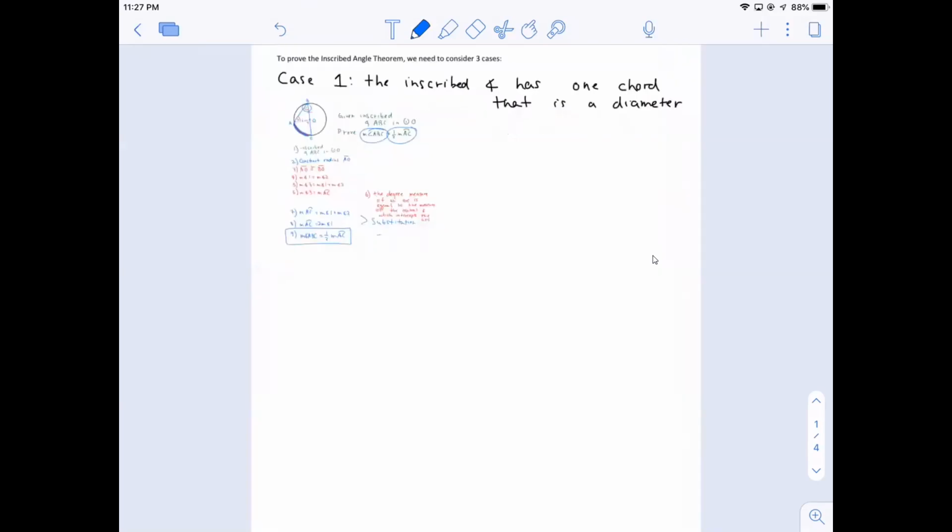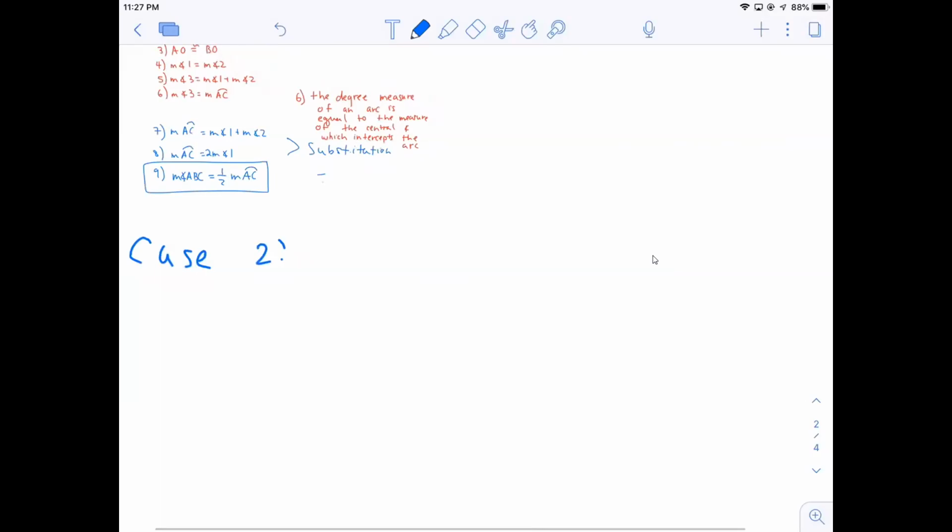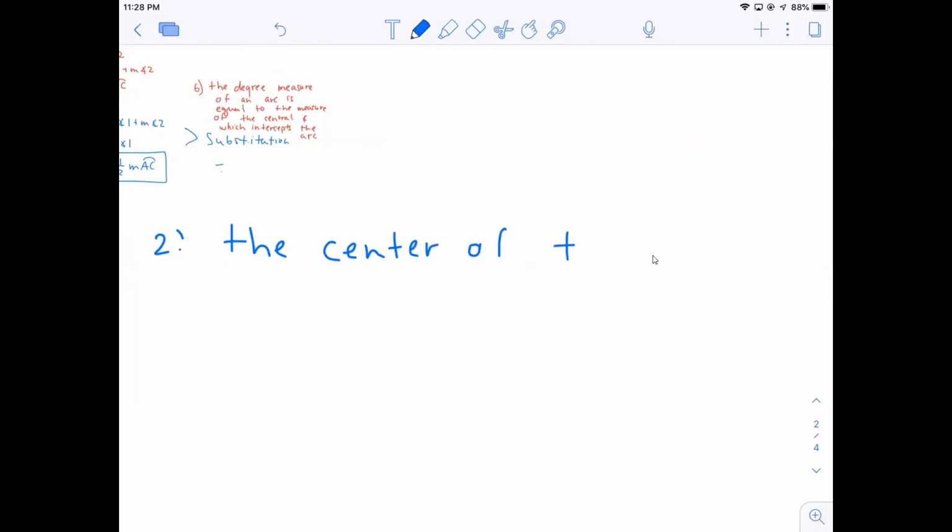All right, case number 2. This is going to be the case where the center of the circle is in the interior of the inscribed angle.